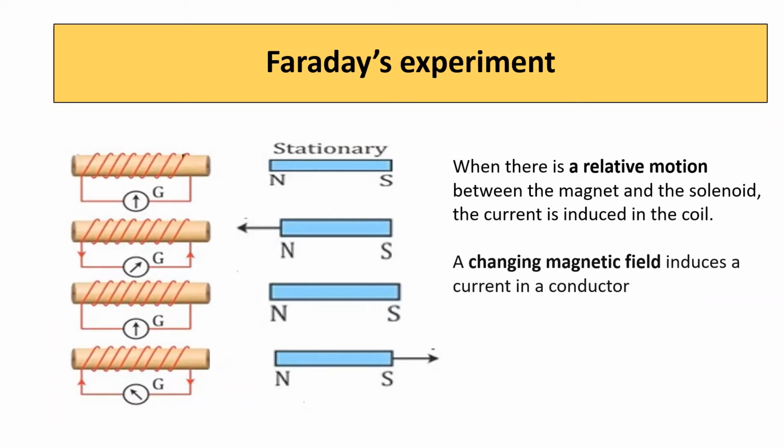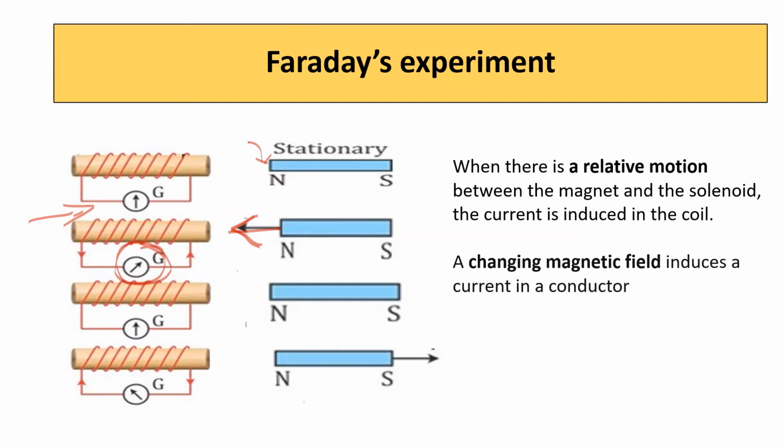We have already learned about the magnetic field lines of the bar magnet and that of the solenoid. We understood that when the magnet is stationary, the galvanometer shows no deflection. But when this magnet is moved towards the solenoid, the galvanometer deflects towards the right.